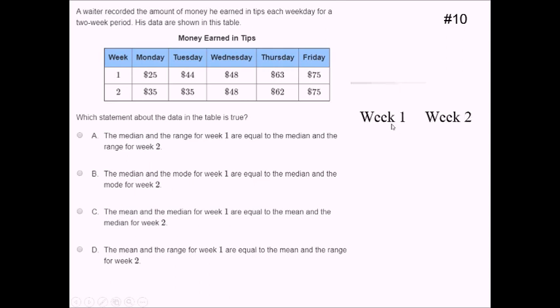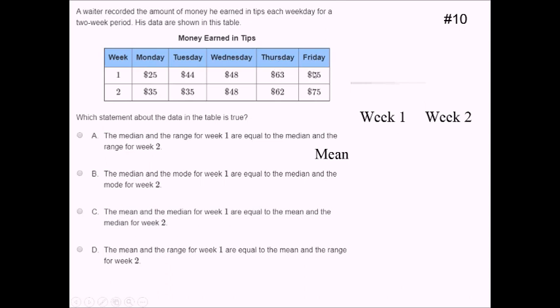We've got week 1, week 2, and let's find the mean first. So for week 1, mean in general is going to be the sum of all the data items divided by the number of items. So in this case, adding all of this money together, let's see, we've got a 25, and that easily combines with 75. Now, this was a no calculator question.